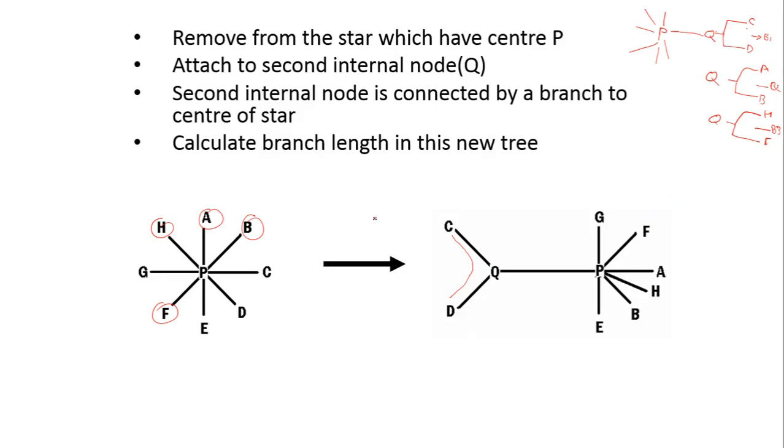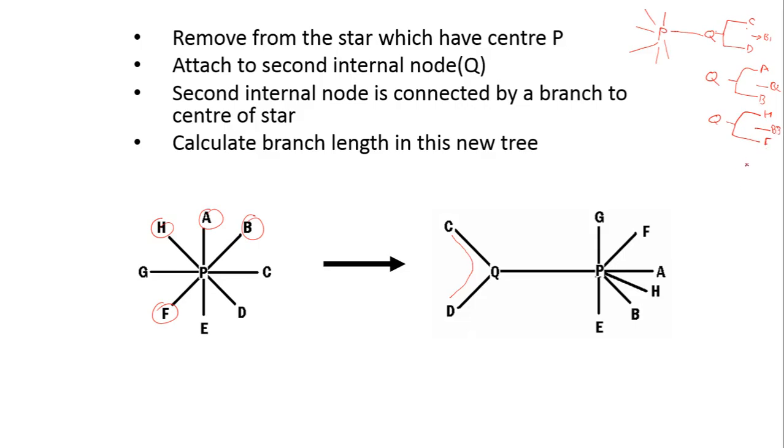So in this way, you randomly select any two sequences, take them out and attach them to this second internal node Q, and calculate the branch length. In this way you would do the same until all of the sequences have been considered and all of the branch lengths have been calculated.